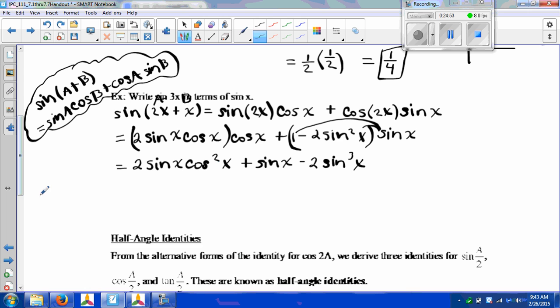But I can use a Pythagorean identity and write that as 2 sine x, and then 1 minus sine squared x, plus sine of x minus 2 sine cubed x.